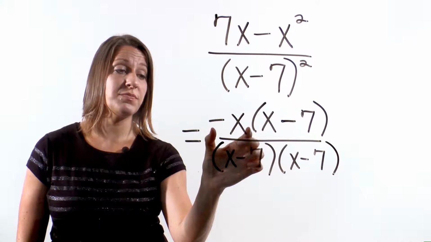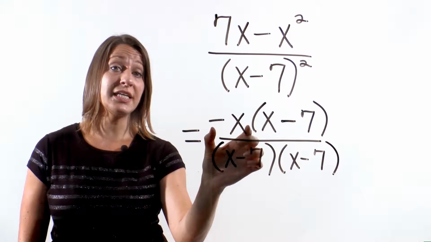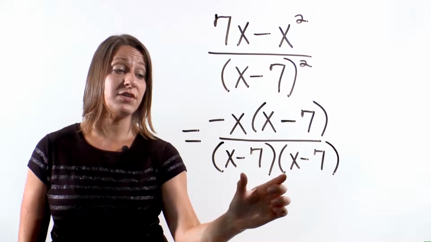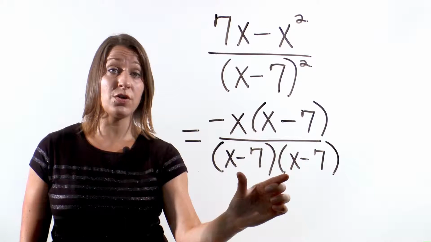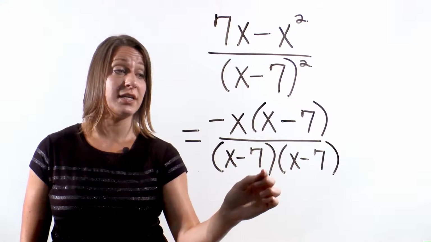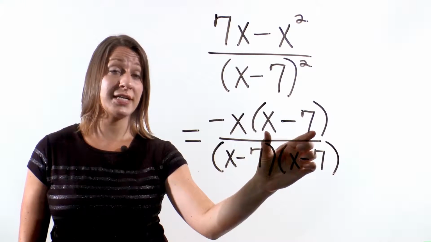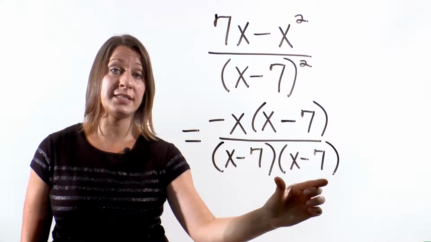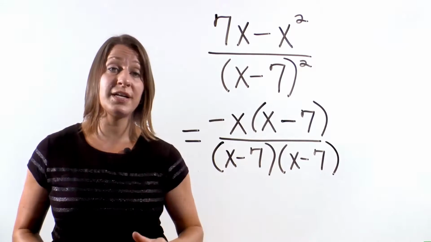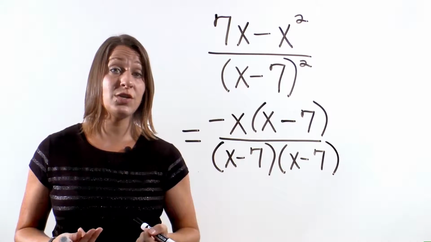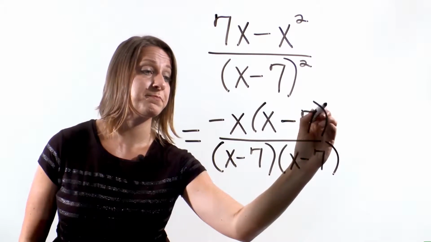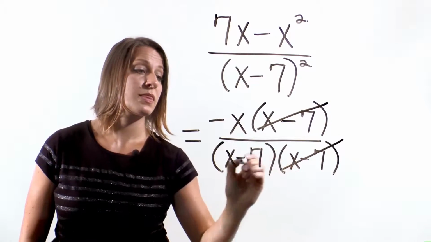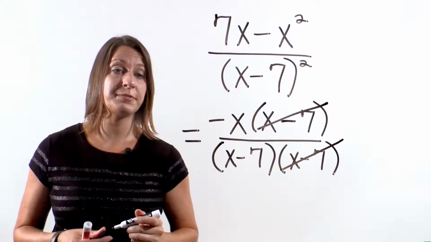An x term, this is a monomial, it can only cancel if there's another x monomial on the bottom, and there's not. This is a binomial, x minus 7. It can cancel with another x minus 7. There's two x minus 7s on the bottom, but it can only cancel one time. So we can cross those out.